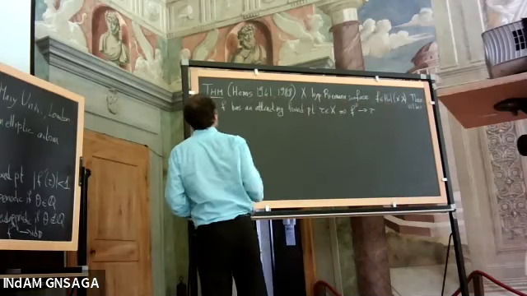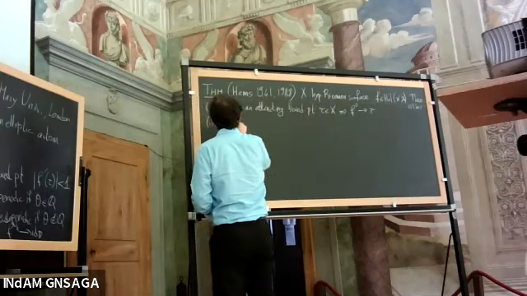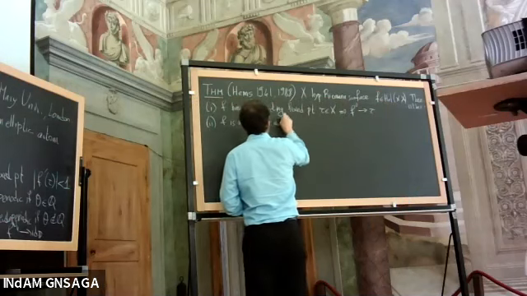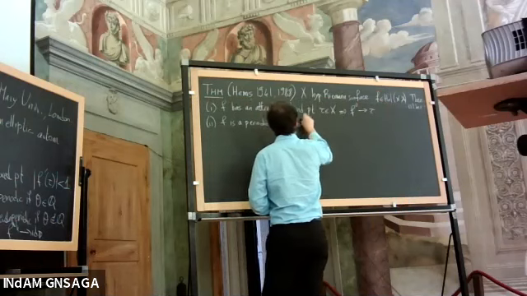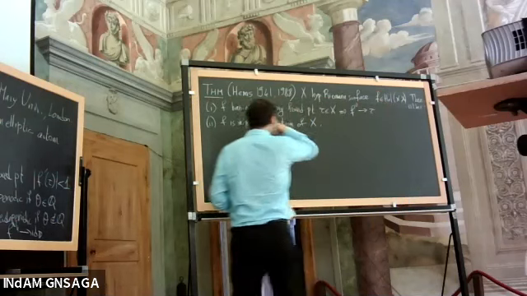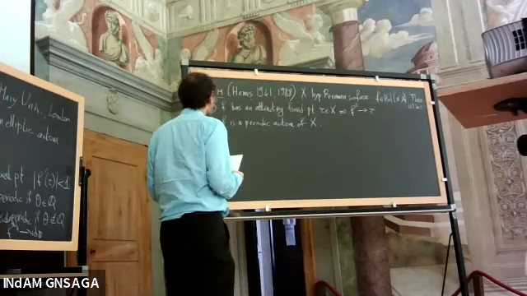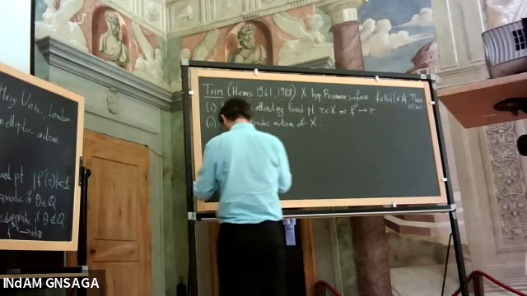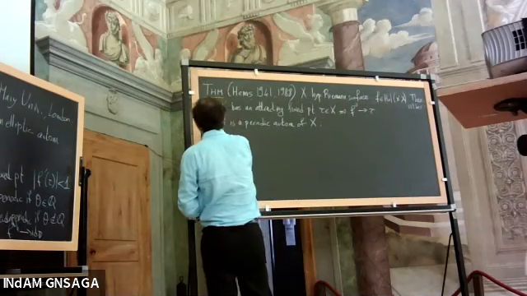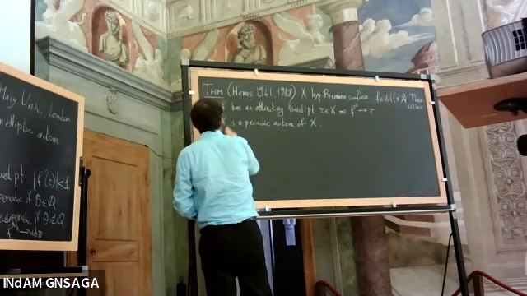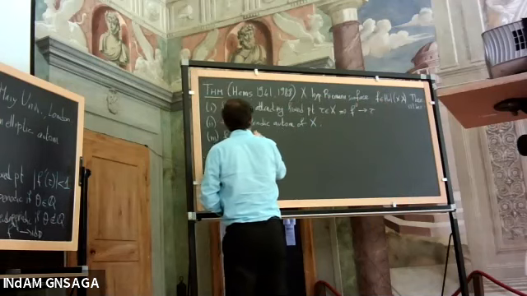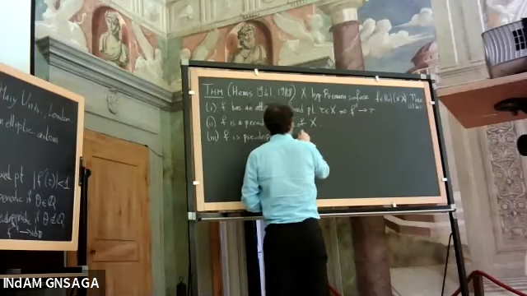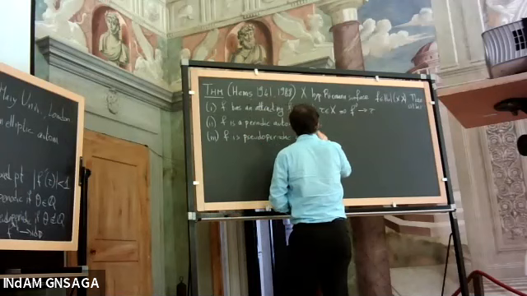The second case is f is a periodic automorphism. Well, it's periodic, so the dynamics is trivial. The third case is f is a pseudo-periodic automorphism.